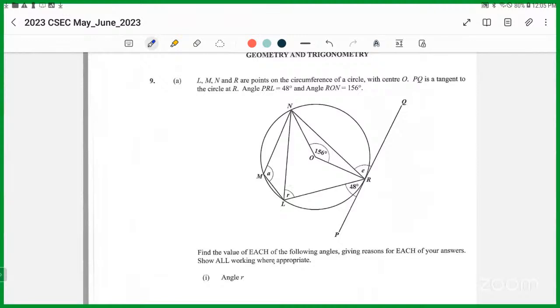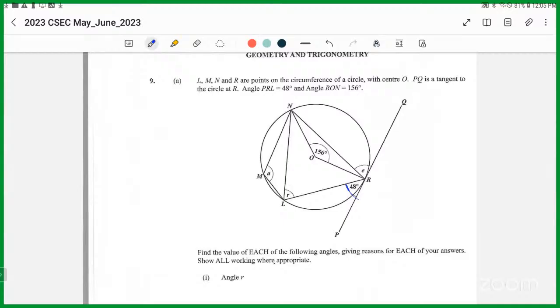It says center O, and PQ is a tangent. So once you have a tangent, you're looking for tangent and radius, tangent and chord. Remember, the angle between a tangent and a radius is 90 degrees. The angle between a tangent and a chord equals the angle subtended by the chord at the circumference in the alternate segment. Then it says angle PRL is 48 degrees.